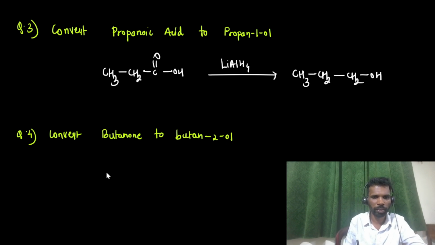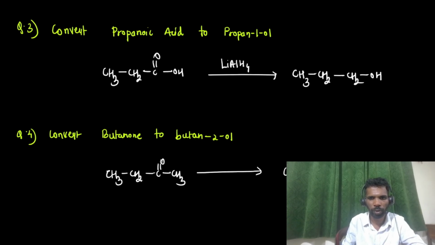But if there is a compound like butanone, and you want to convert this to butan-2-ol, you can use any reducing agent. You can use lithium aluminum hydride, or sodium borohydride because it will anyway give you just one step, no?